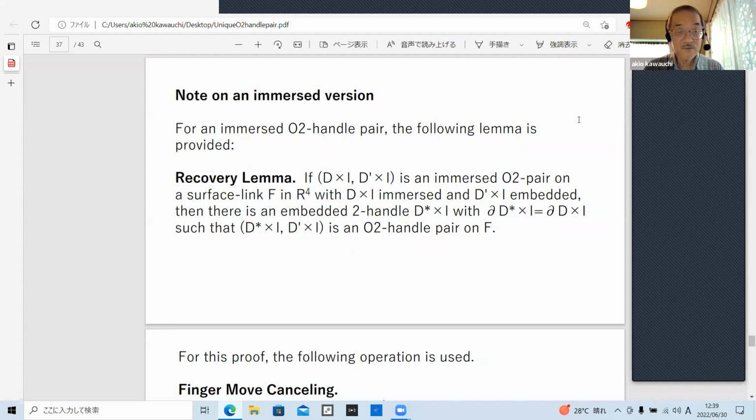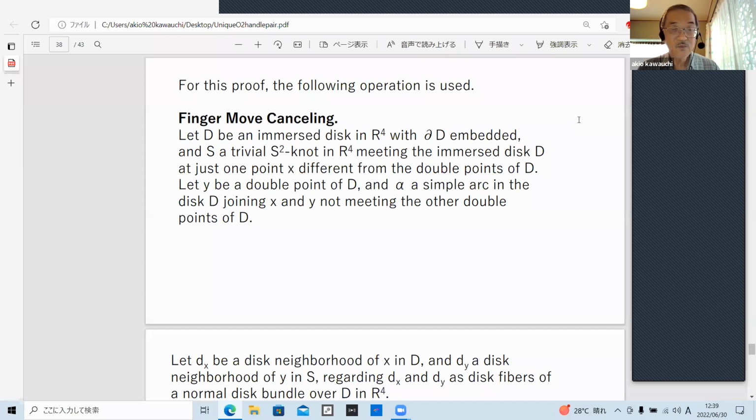So this lemma is just a finger move canceling. This means that there is some disk in four space and a two sphere attached to one point of this disk. The disk is immersed, so there is a double point.